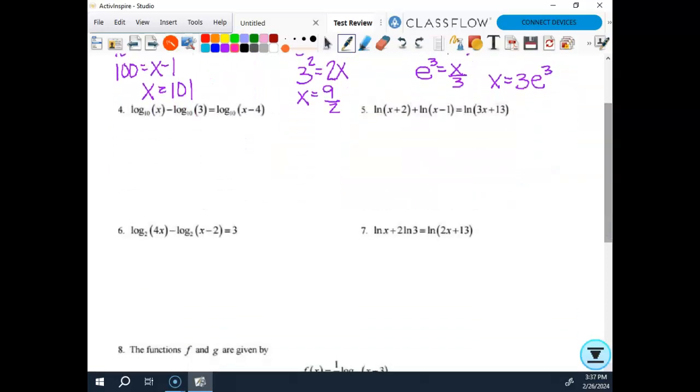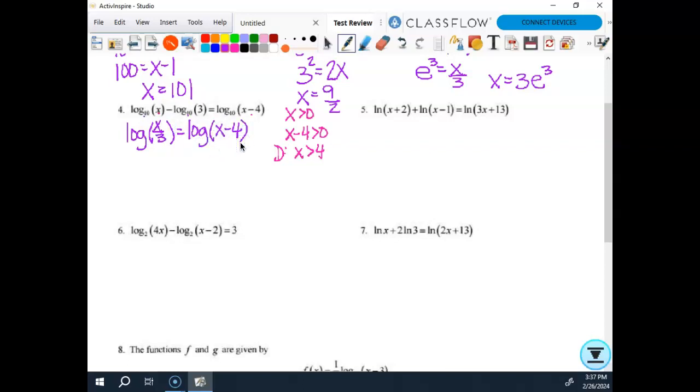Got 2 things I got to check here. These 2. So x has to be greater than 0, and x minus 4 has to be greater than 0, so x has to be greater than 4. This guy wins. All right, so I'm going to condense these 2, and I don't have to write the base 10 on there, so log of x over 3 is equal to the log of x minus 4.